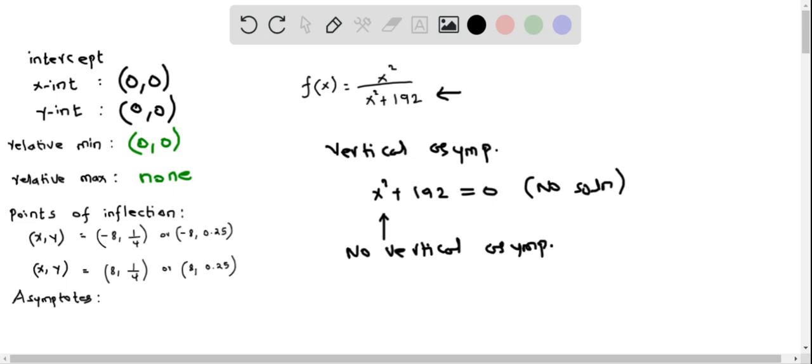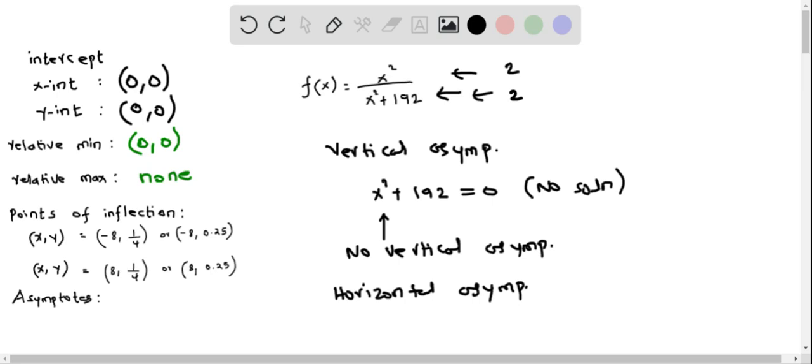Now let's determine the horizontal asymptotes. For that, we compare the degree of the numerator and the denominator expression. They both are equal. That is, the degree of the numerator is 2 and the degree of the denominator is also 2. So whenever we get this type of rational function where the degrees are equal, we simply take the coefficients and divide.